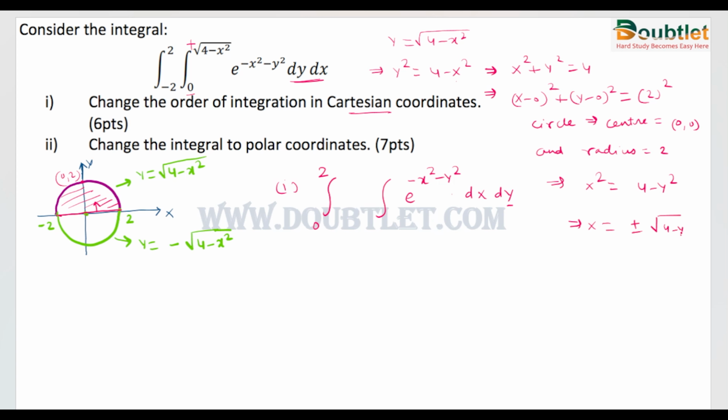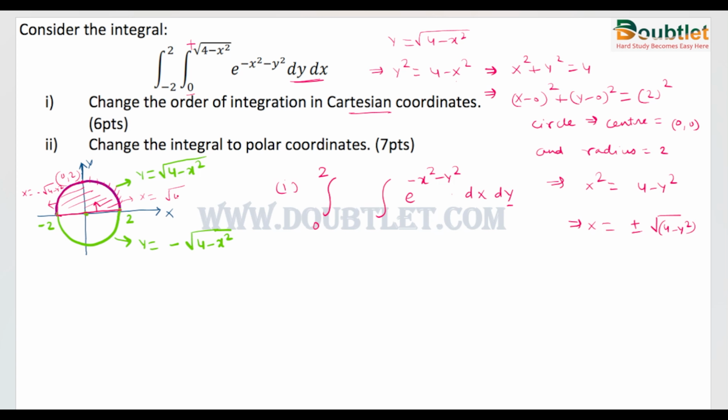And now there are two parts. The first part is in the second quadrant, this part, and the second part is this part. So we will integrate the limit of x from this curve to this curve. The equation of this curve we can write as x is equal to minus the square root of 4 minus y square, and the equation of this curve we can write as x is equal to the square root of 4 minus y square.